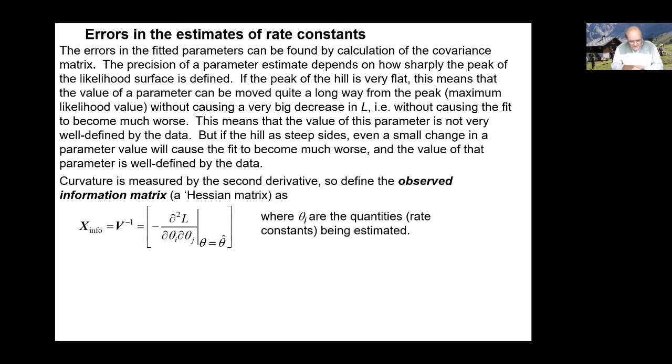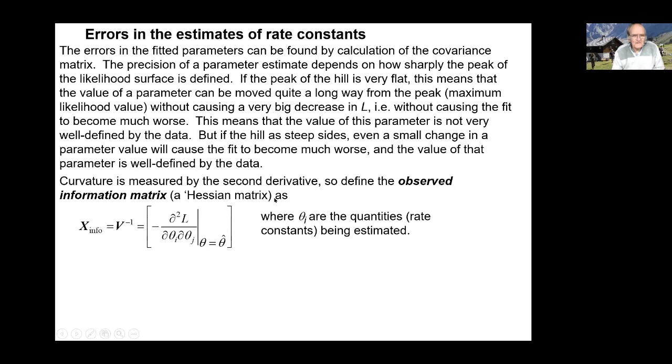The likelihood falls off steeply for a small change in the parameter values. That means that parameter is well defined. If the likelihood surface is very flat, then that means you can change the parameter estimates a lot without changing the likelihood very much. And so the parameter is not well defined.